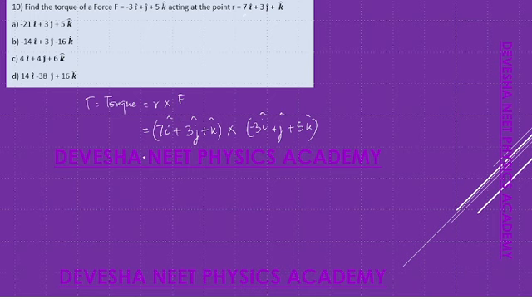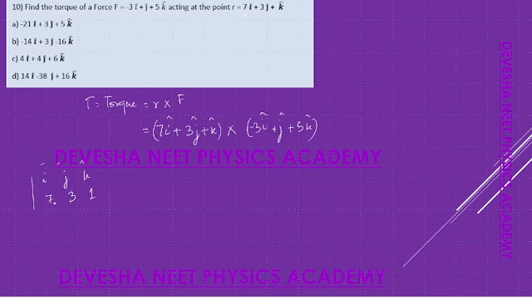In the previous problem, we learned how to find a cross product, so let me arrange it once again. This is i, j, k. The first row is 7, 3, and the coefficient of k is 1.